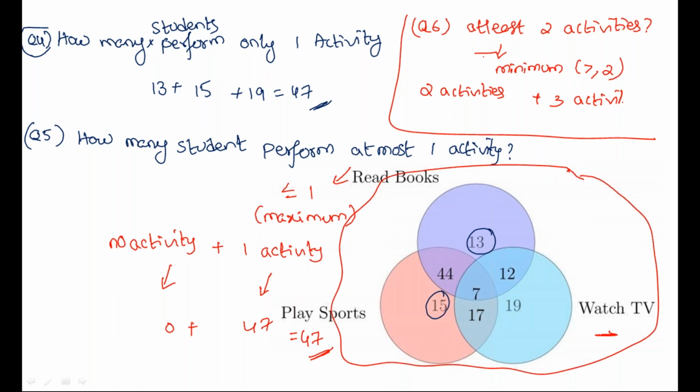Now, how many are having 2 activities: this 44 people, this 12 people and this 17 people. 44 plus 12 plus 17 is 2 activities. How many are in 3 activities? 7. Now, if you add this, 56 plus 24.